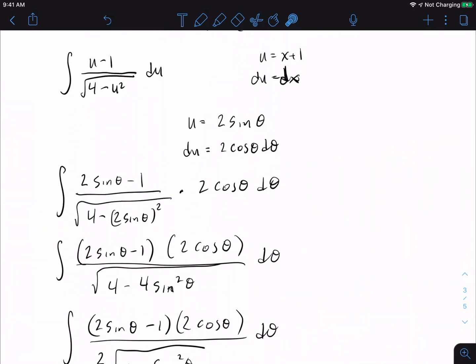When I had this problem right here, this is in the form of the substitution that I talked about at the beginning of the class, that a squared minus x squared, the substitution that you want to use for that is x equal to a sine theta. So my a is 2. Okay, that makes sense. Did you see that?